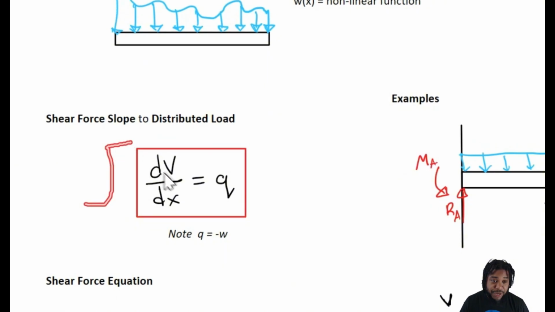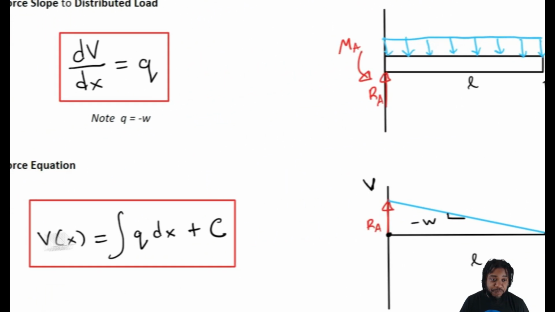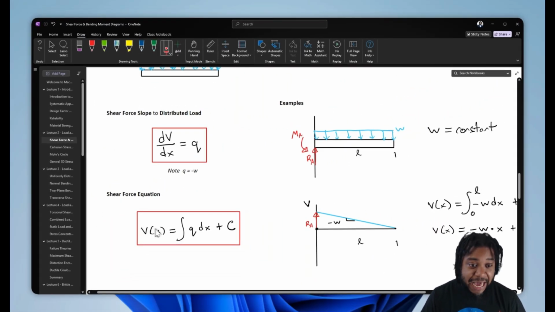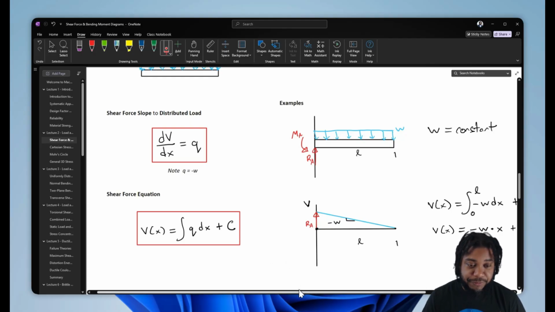That's the slope. Now, if we were to take this equation, move dx to the right-hand side, and integrate indefinitely both sides of the equation, we'll end up with a calculus equation for the shear force, where the shear force, V(x), is equal to the indefinite integral of Q dx plus C, where C is a constant of integration, right?